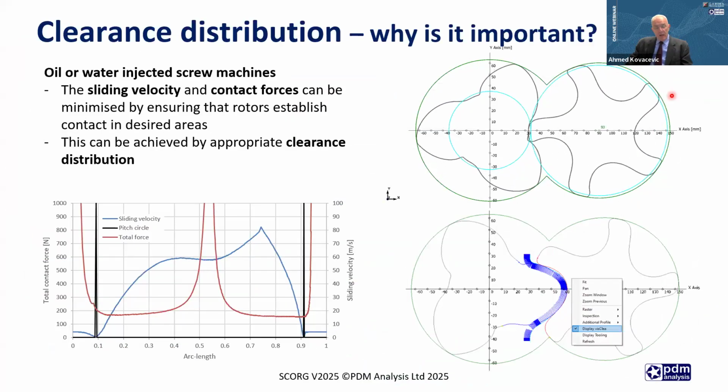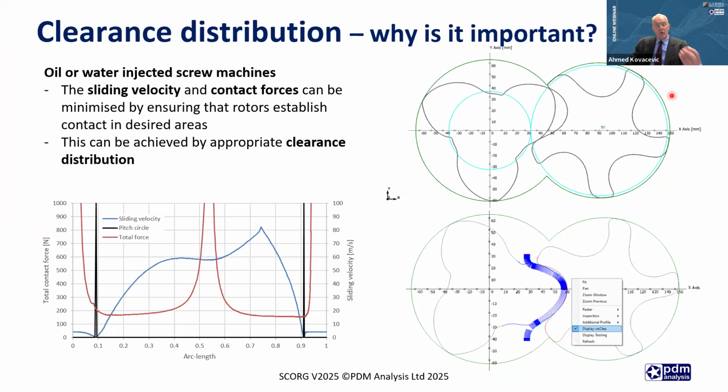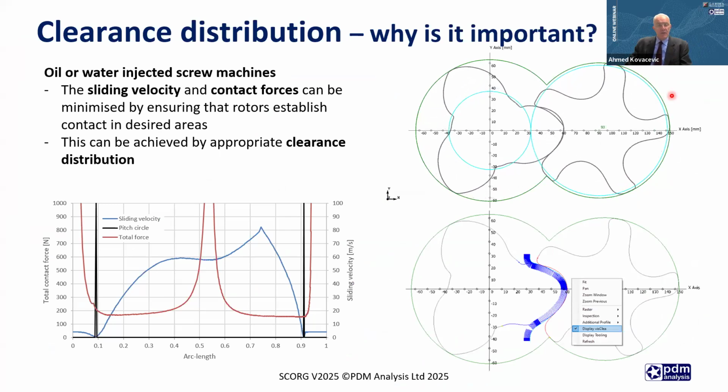When designing a profile for screw machines, what is extremely important is clearance distribution of these profiles, especially in oil-injected screw machines, because in oil-injected screw machines, the male rotor drives directly the female rotor. So the contact is extremely important in that case, because as you can see on the diagram on the bottom left-hand side, depending on the position of a contact, forces and sliding velocities are different.